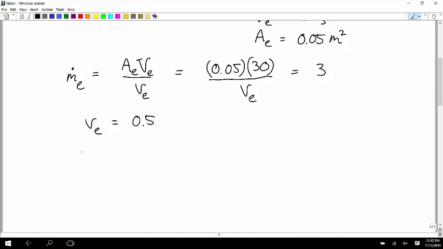Since it's asking for quality, you know it's going to be saturated. So you know some of it's going to be liquid and some of it's going to be vapor. So if you use the water saturation table, you didn't have to interpolate at all. It was just a line that was given in the table.